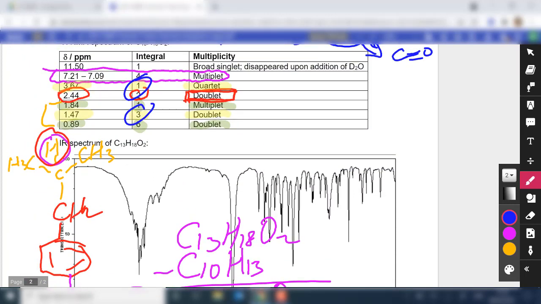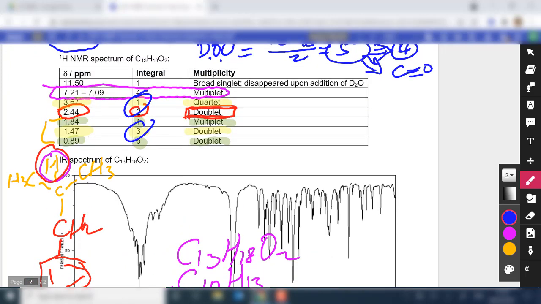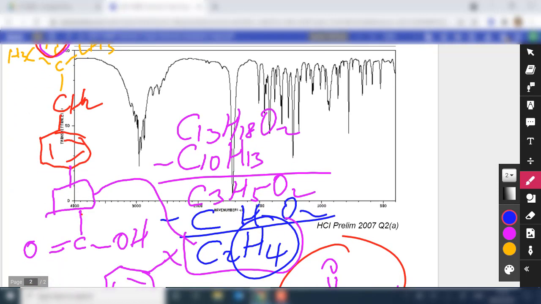Of course, 1H doesn't tell you carbon. So how do you end up with a quartet and a doublet in this case? Well, it needs no further deduction. For you to have a signal at 3.67, which is quite deshielded, I must be probably next to two highly electron withdrawing groups. Definitely not oxygen here because we can't have oxygen.